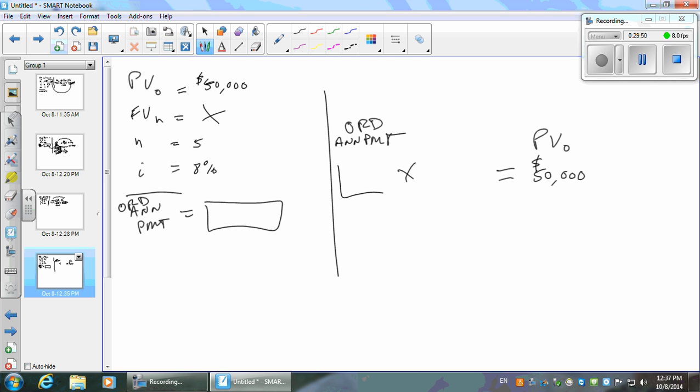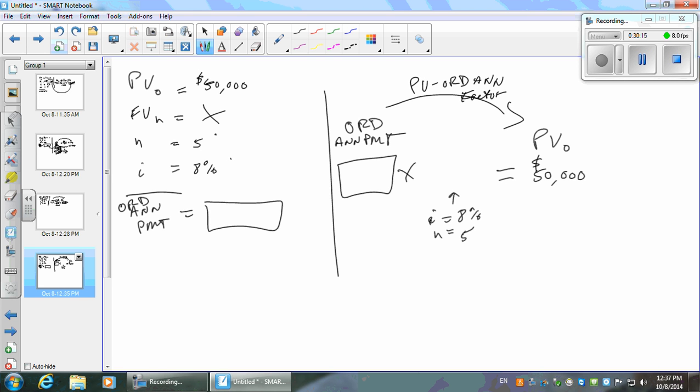I'm wanting to calculate that. This time it is going to be a present value of an ordinary annuity factor. Interest rate? 8%. See how nice it is to be organized? Number of periods? 5.